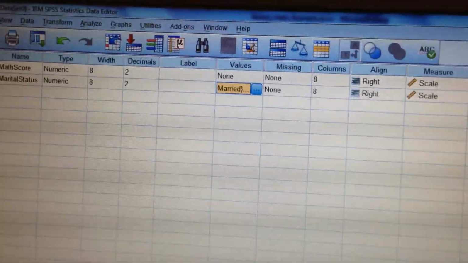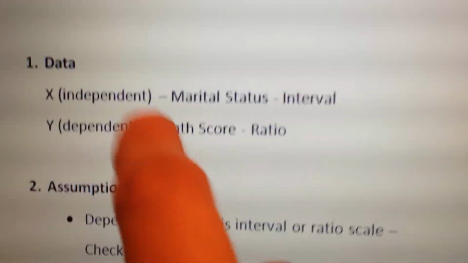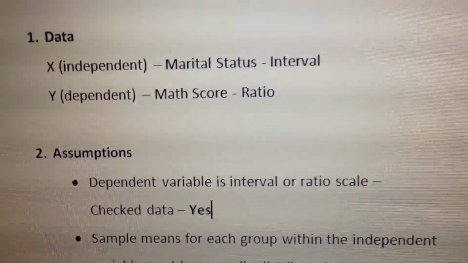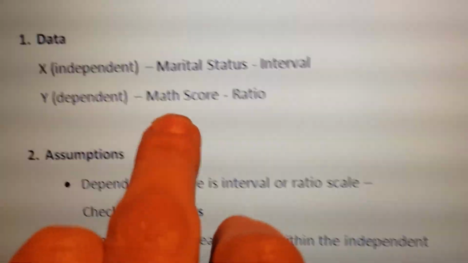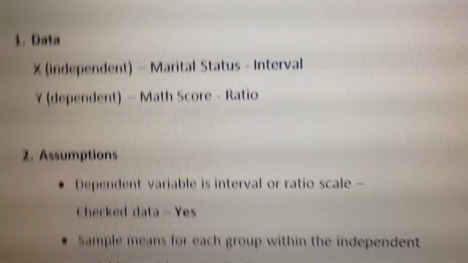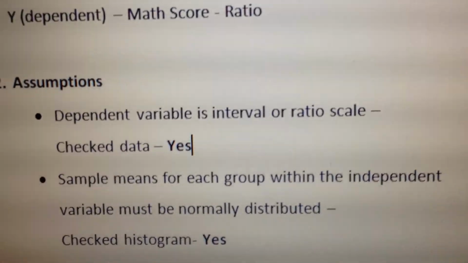And actually, in this particular case, coding it either way works. So that is why I listed marital status as interval, because 0 is not the absence of a marital status, so this would be interval data, whereas a 0 math score would mean that you had absence of a math score, right?